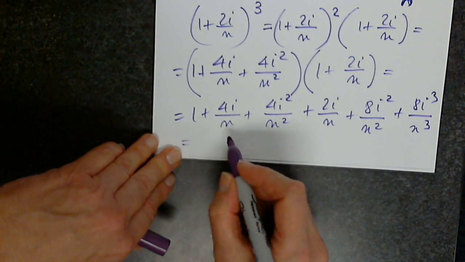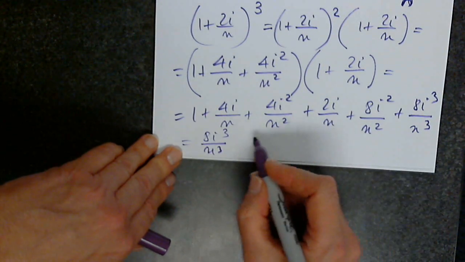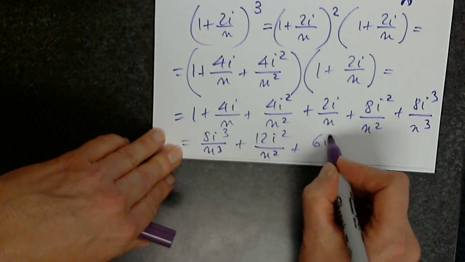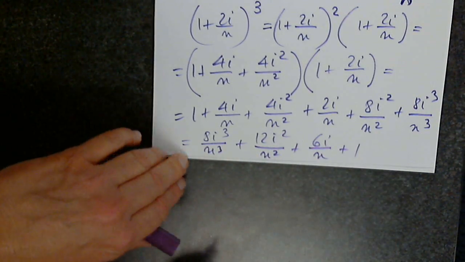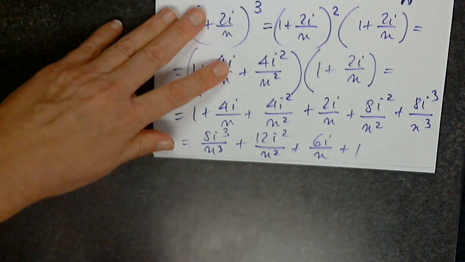So this whole thing is 8i to the third over n cubed plus 12i squared over n squared plus 6i over n plus 1. That's just x cubed.